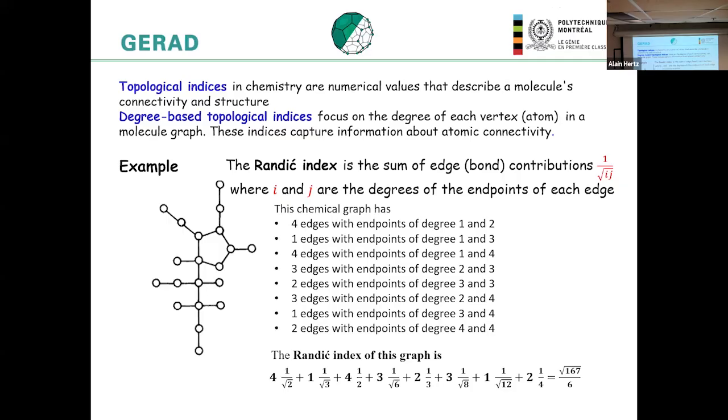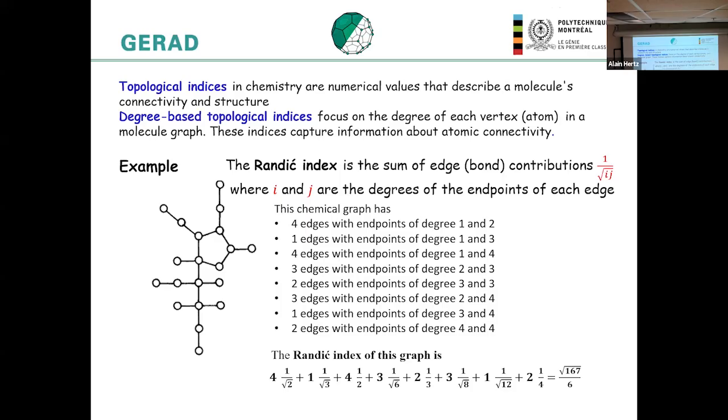And so you have different kinds of edges. Then the Randić index of this graph: you have 4 times the 1, 2 edge. So 1, 2 is 1 divided by the square root of 1 times 2. So it's 1 divided by square root of 2. So you have 4 such edges. You make the whole sum, and you get a value. And this is the Randić index of this graph.